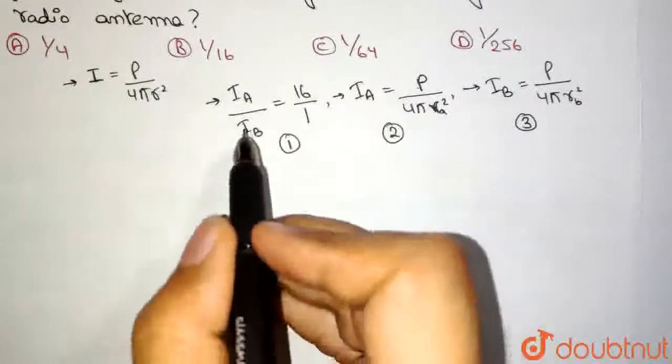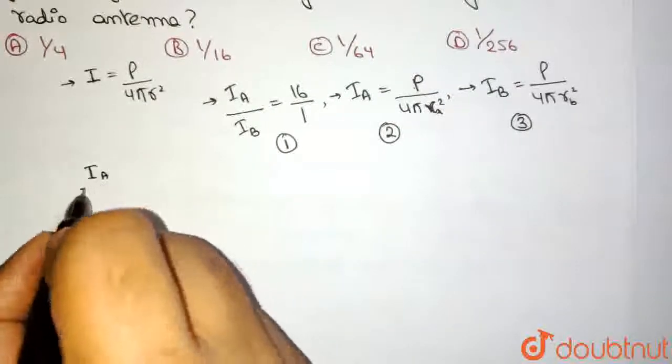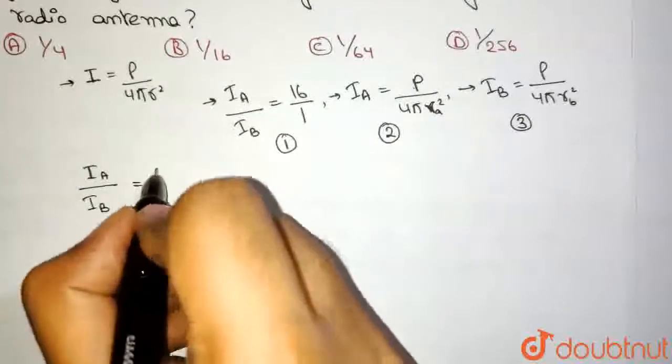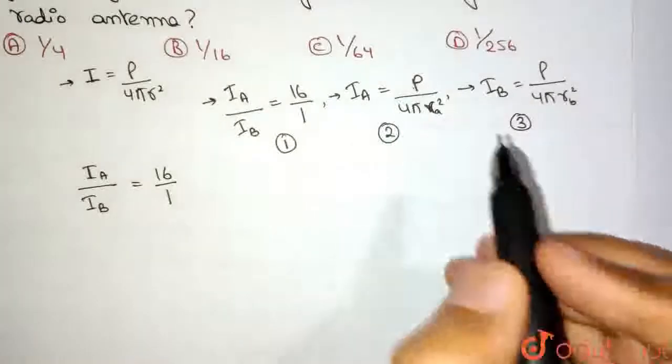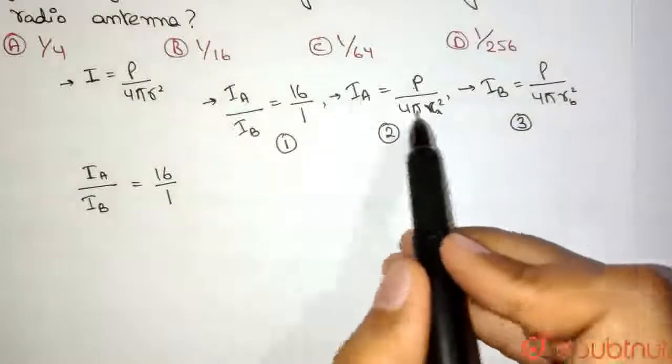So in 1, we have IA upon IB, which is equal to 16 upon 1, and we have IA as P upon 4 pi RA square. So let us substitute this value of IA.